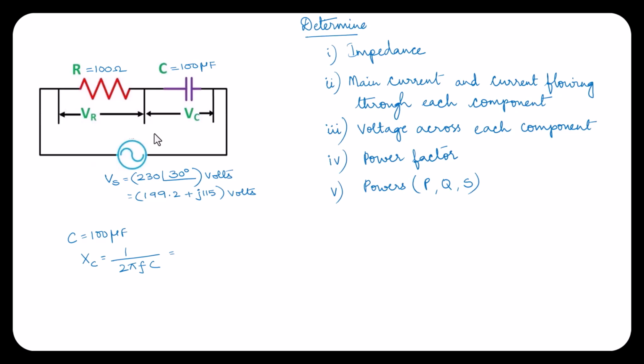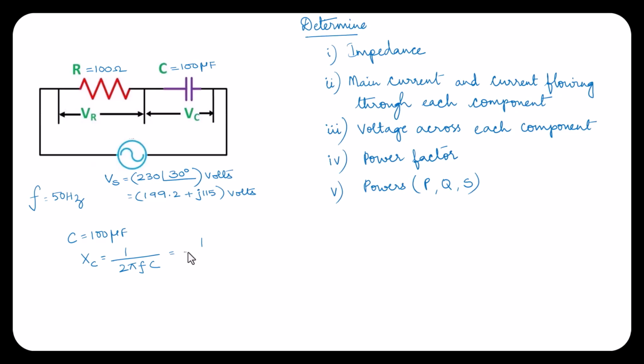Sometimes they mention the frequency also in the problem, then you have to consider that particular frequency. So here I'll take F as 50 Hertz, because in the data they have not given the value for frequency.